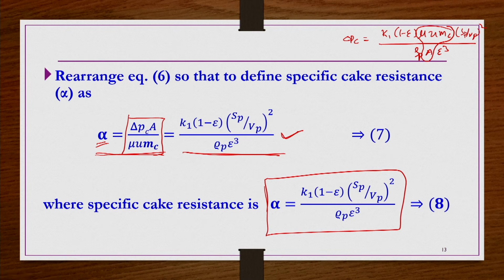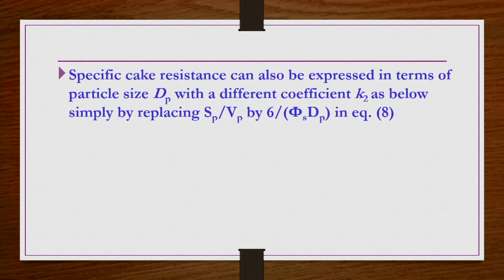Remember, in experimental cases we do not know Sp by Vp for unknown particle size and shape in general. So we are trying to further simplify this equation so that without this information we can calculate this alpha. That is what we are going to do now. But in general, specific cake resistance can also be expressed in terms of particle size dP with a different coefficient K2, by simply replacing Sp by Vp by 6 by pi s dP, right.